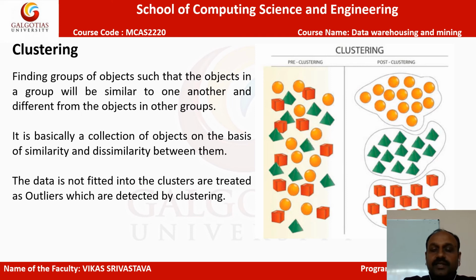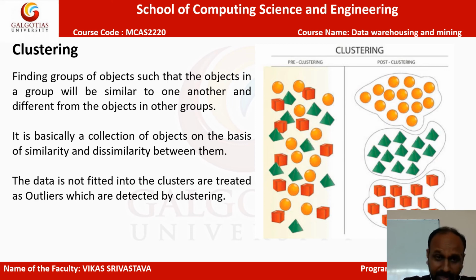In this figure you can see some orange objects, some cubical objects, and some cone objects. This is the pre-clustering and this is the post-clustering. After you apply the clustering schemes, similar types of data will be in one segment area, and another segment area will hold those with similarity.